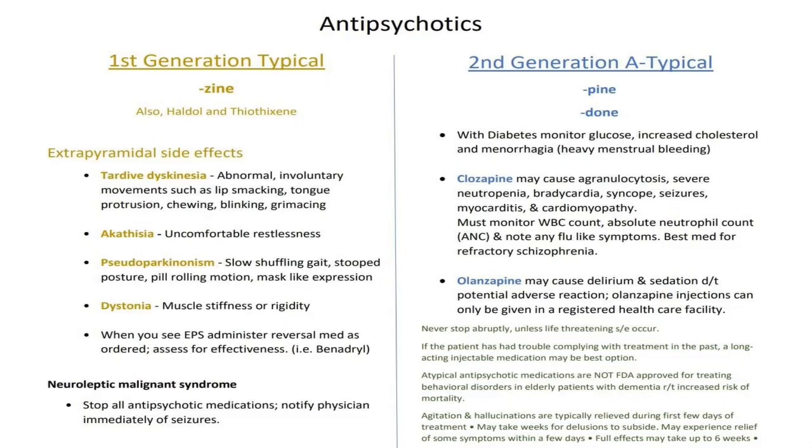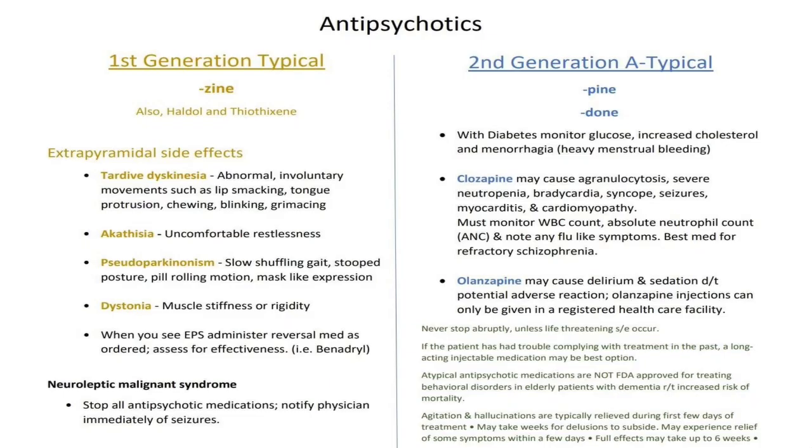Now our second generation atypicals. So now we've got better, newer medications, right? But with these medications, patients with diabetes need to monitor their glucose very carefully. And clozapine can cause agranulocytosis and severe neutropenia.